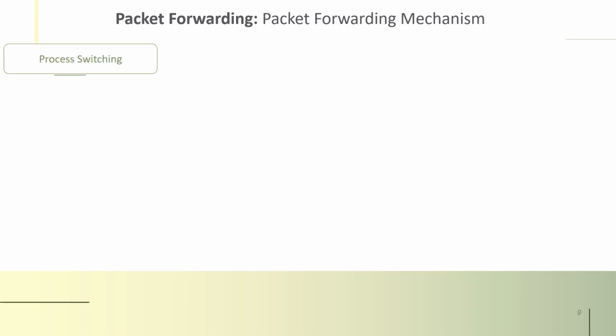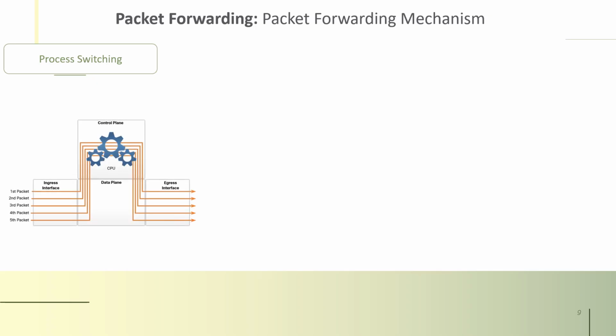The first mechanism is process switching. It's an older packet forwarding mechanism still available for some Cisco routers. When a packet arrives on an interface, it is forwarded to the control plane where the CPU matches the destination address with an entry in its routing table, and then determines the exit interface and forwards the packet.